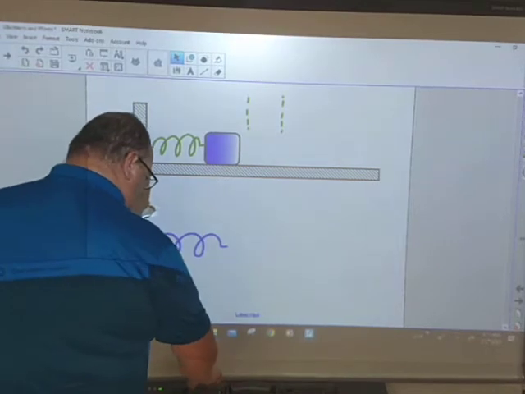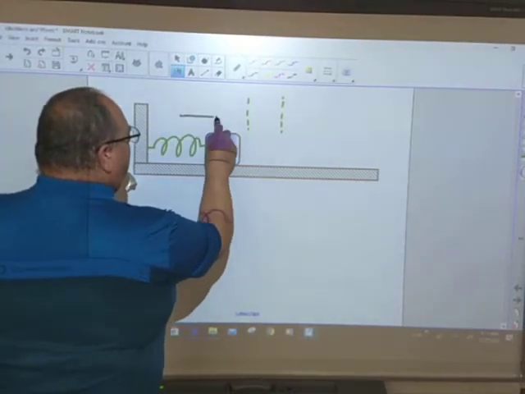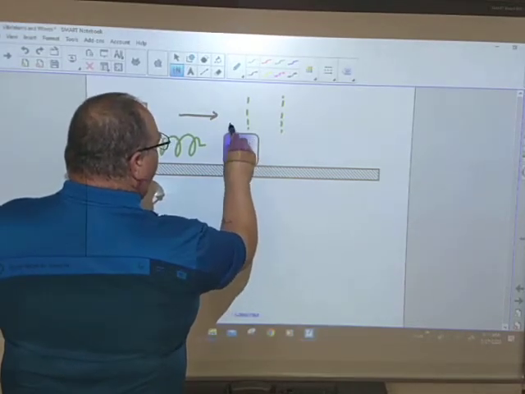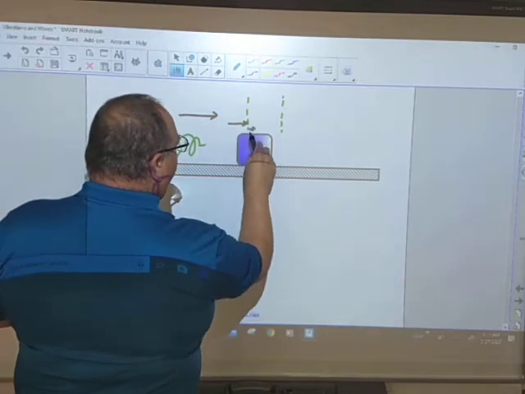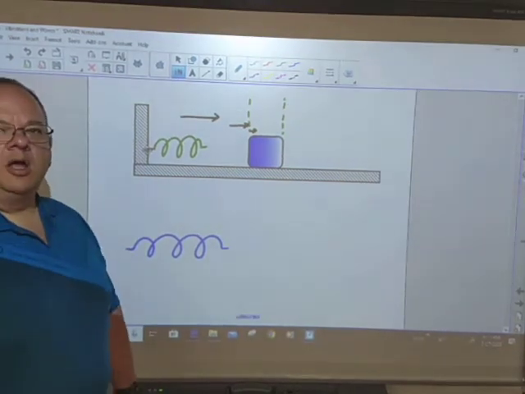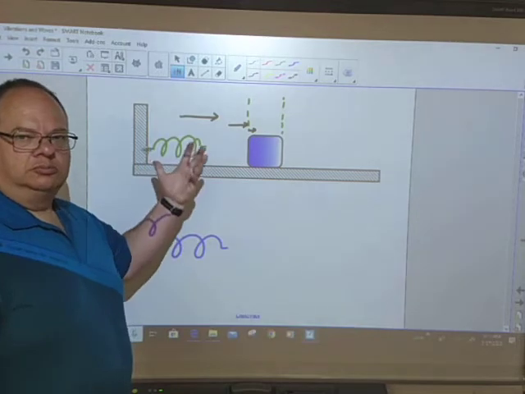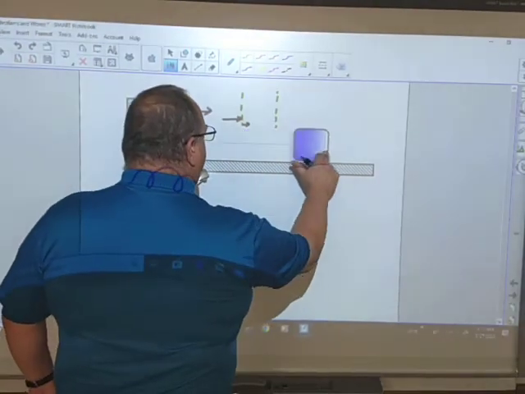So when I'm out here, if we were looking at the force, at this position, maybe I got a force like this. If it were over here, maybe I only got a force like this. And if it were here, maybe I only got a force like this. If it's here, how much force do I have? Well, the spring is not compressed, so there's no force whatsoever. Now, what if we move it out further?